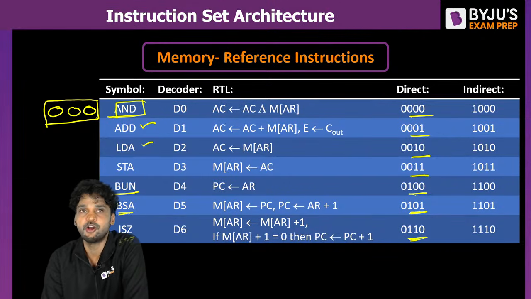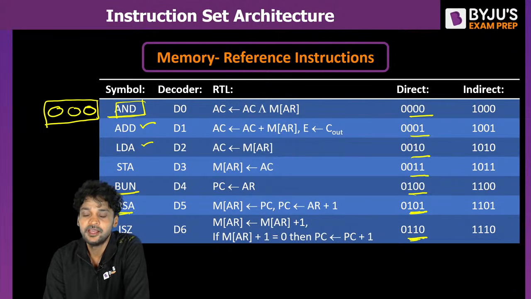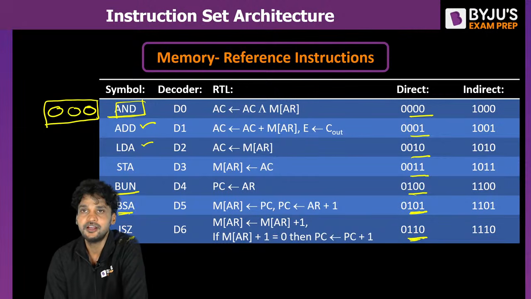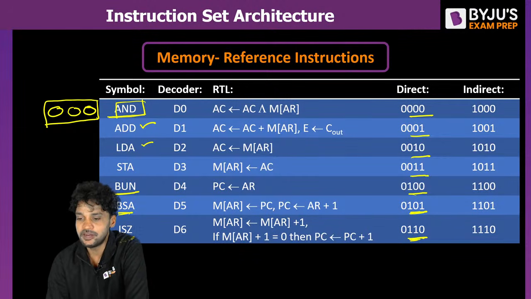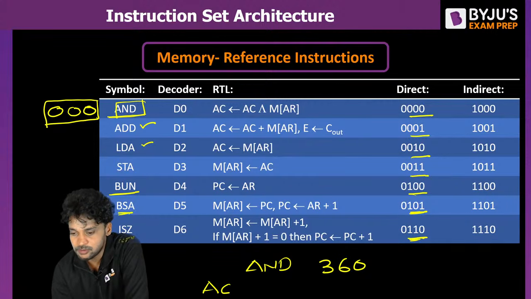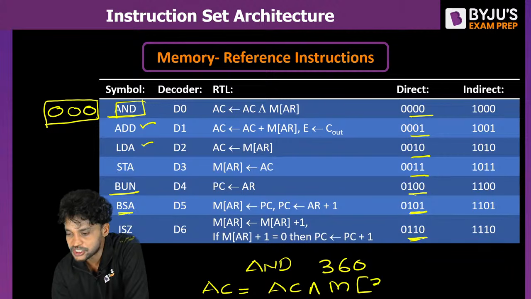So what is this AND operation? Already you know what an AND operation is. It is going to perform an AND operation between two operands. One operand will be within the main memory. One more operand is the accumulator itself. For instance, there is one operation called AND 360. That means the operation performed is accumulator equals accumulator AND memory of 360.